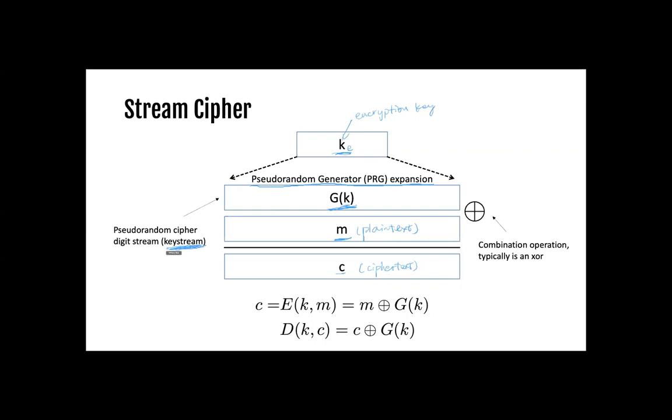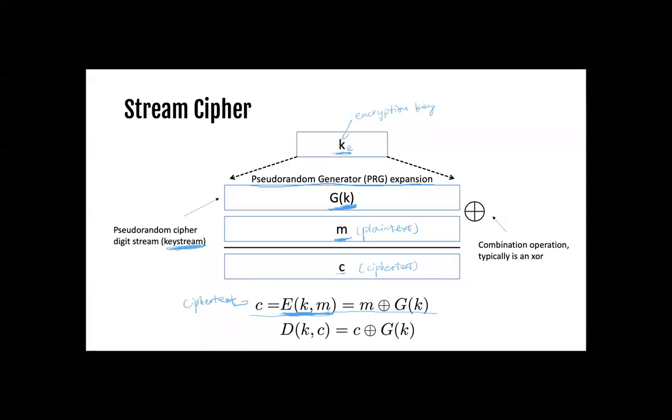And then the encryption function is doing a combination between the key string and the plain text. Let's make it a little bit more formal, a little bit more math. So this is the cipher text, right? The cipher text is equal to the encryption function taking K and M as arguments.